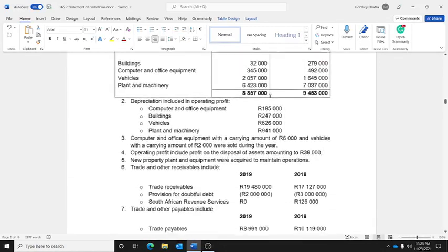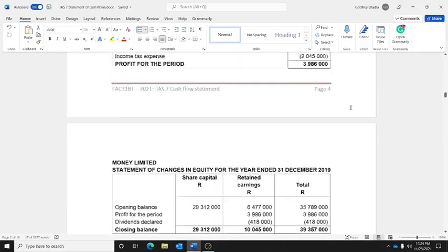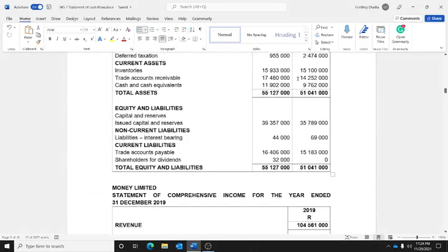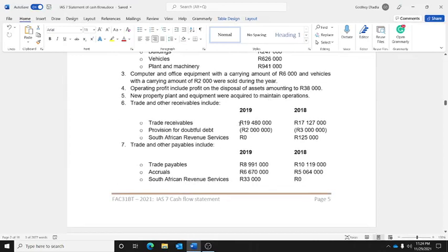Let me show you where they come from. Here they are. If you look at 2018, 17 minus 3 million is 14, which is the one that you see here at the top. The 17 comes from the 19 and the 2, so that gives us 17.